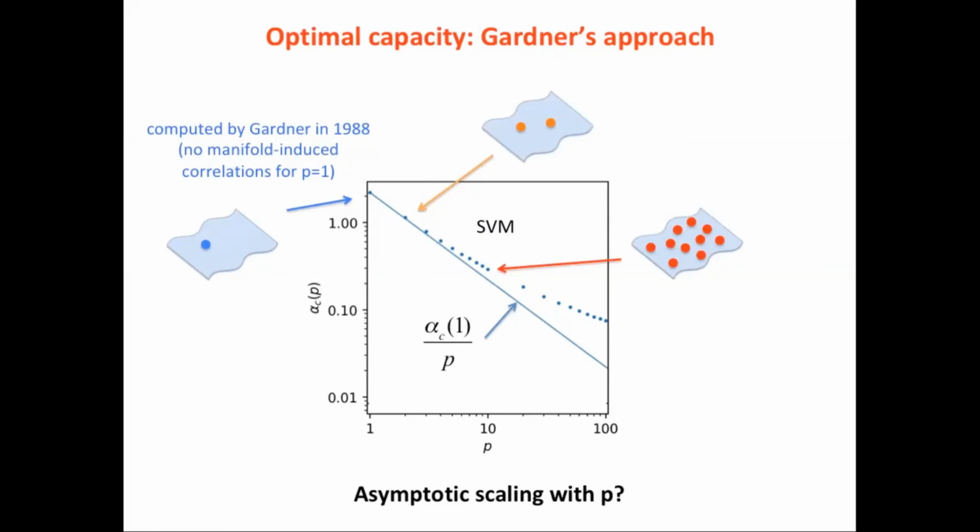At the end, if you have a very large number of patterns, you don't introduce effectively new constraints. So the capacity should decrease very slowly. And in fact, we see that when we do numerics with support vector machine algorithms. So the question is, can we characterize analytically this decay, which should be much slower than 1 over P?